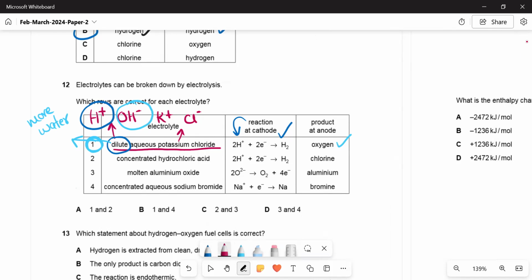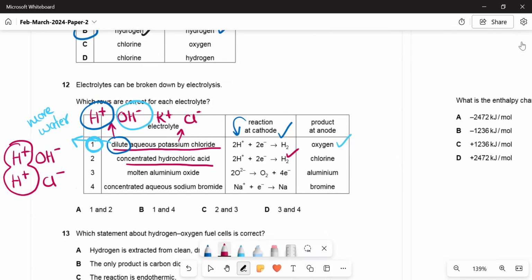Now for the next one, concentrated hydrochloric acid. From water we get H+ and OH-, and from hydrochloric acid, we get H+ and Cl-. Now, we have H+ from acid and from water both, so H+ will go to the cathode and form this equation.